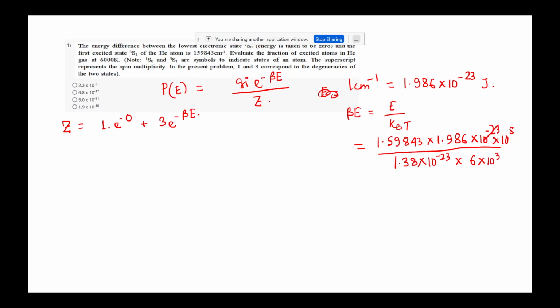Okay, so this cancels out, and if you do the calculations, it boils down to this.